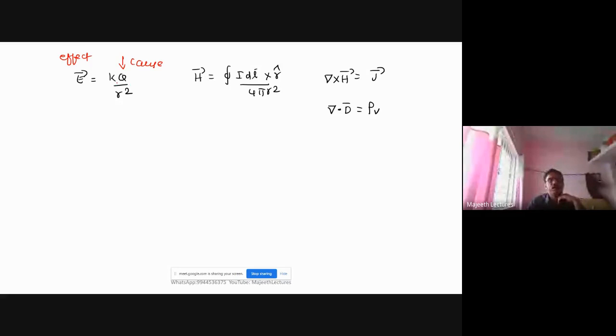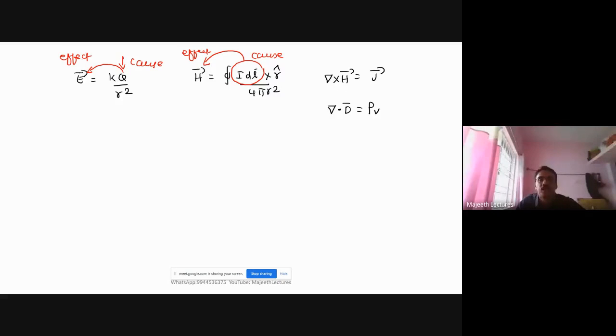So you see, charge creates electric field. Who is the cause of electric field? Charge. The formula is easy to remember. Here you see, I told the magnetic field is created by a current element. I dL is a current element, I told. This is a cause, this is the effect.